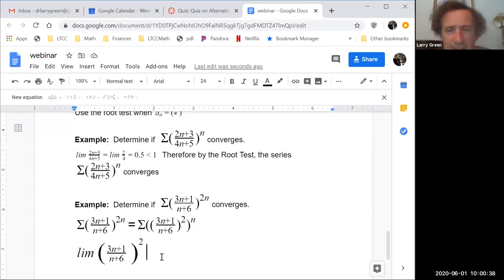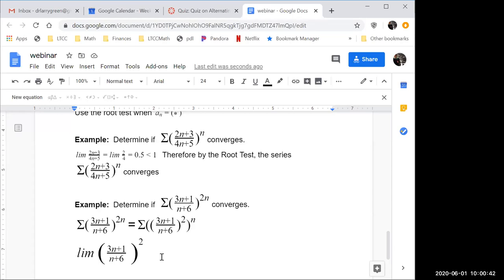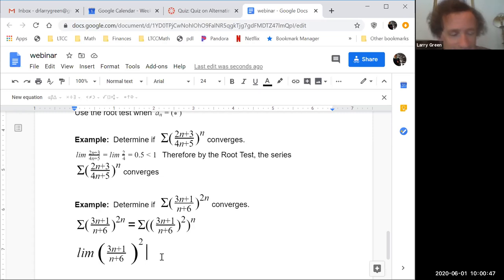Well, how do we do this limit? We should probably square it first. You mean square it all out? Yeah. You could do that. That sounds like a pain in the butt, doesn't it?